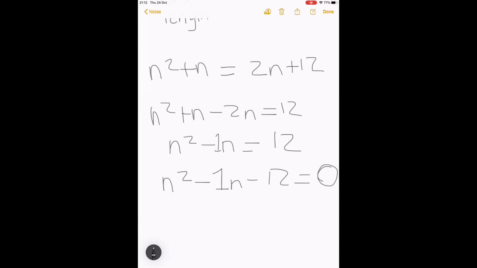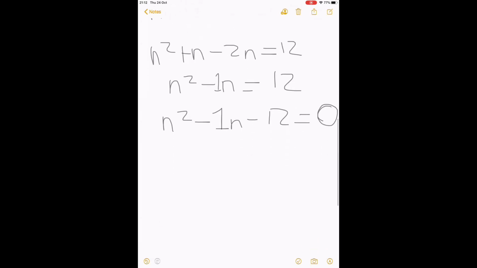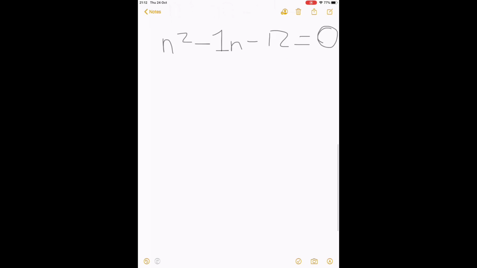So now this is our equation. Now we can use the AC method to figure out the value of n. We have to factorize minus 1n and minus 12. So you want to find factors that add to get minus 1 and multiply to get minus 12.